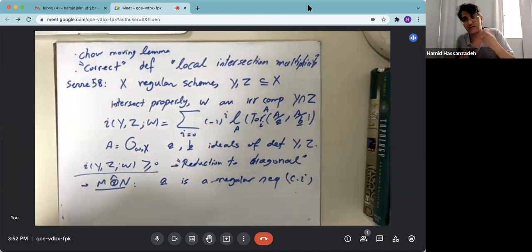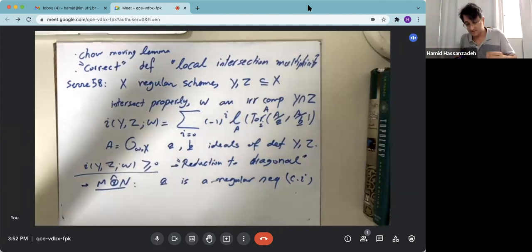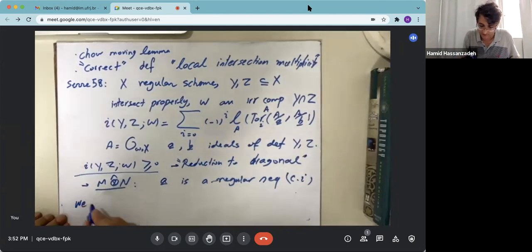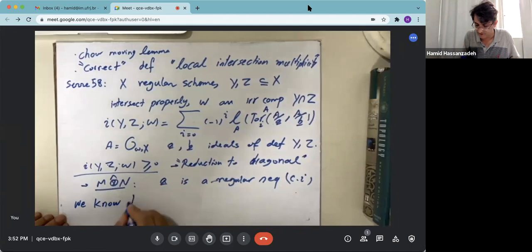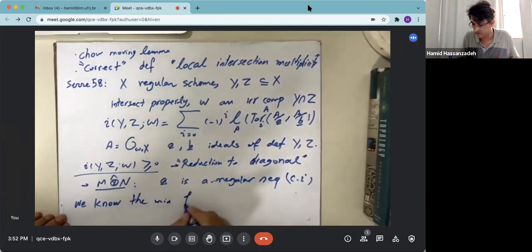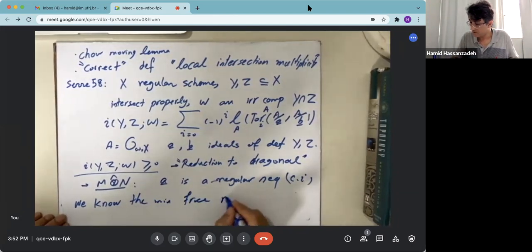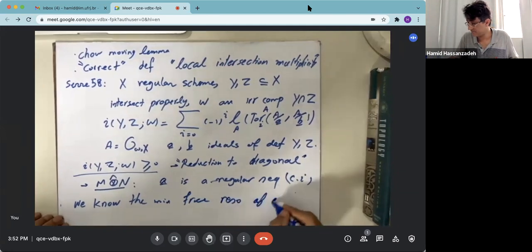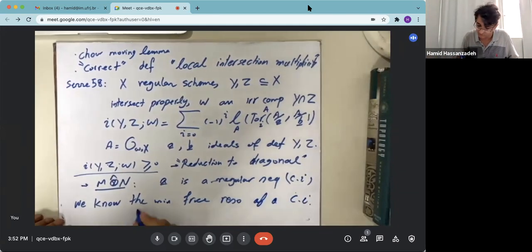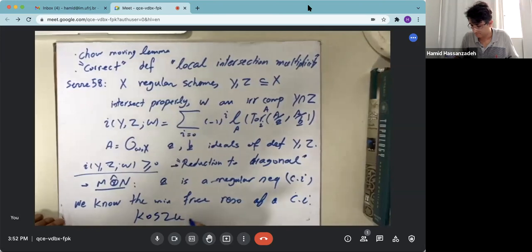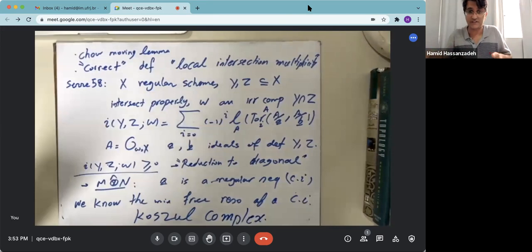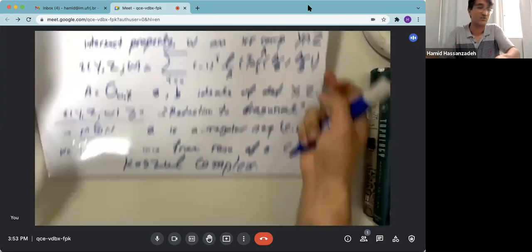It is a more concrete thing to compute because we know the free resolution, the minimal free resolution of a complete intersection, and it is the Koszul complex. So the magic word appeared here, which is the Koszul complex.